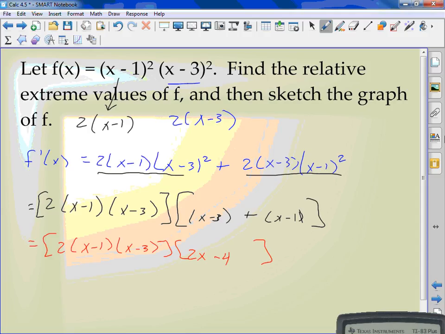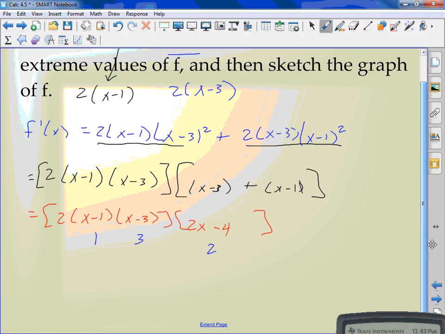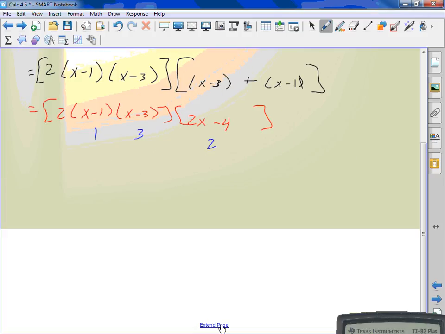I have a 0 at 1, 3, and this one, if I add 4 over, divide by 2, my 0 is at 2. I have 3 zeros. All right, my first one is x minus 1.